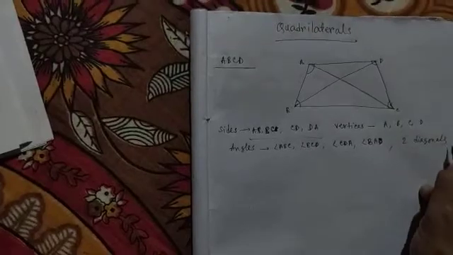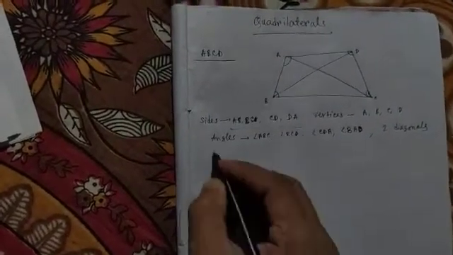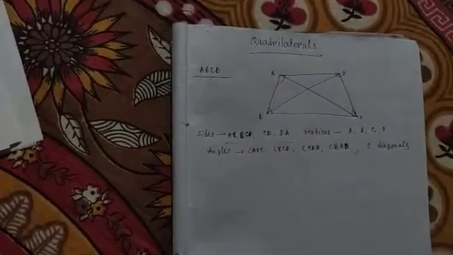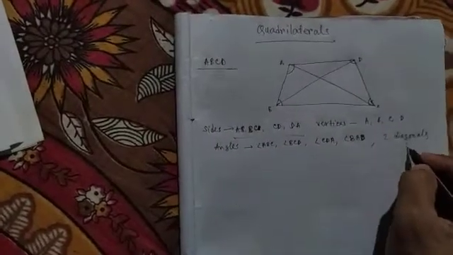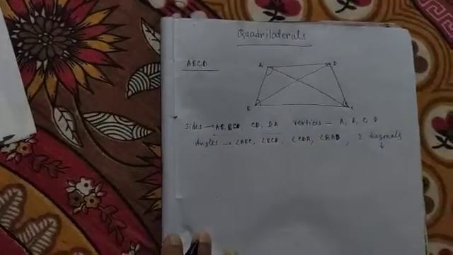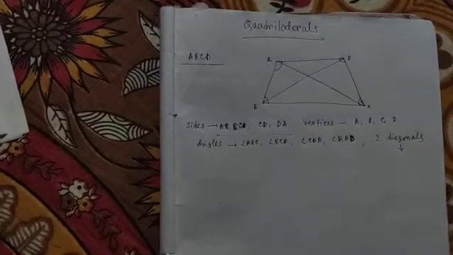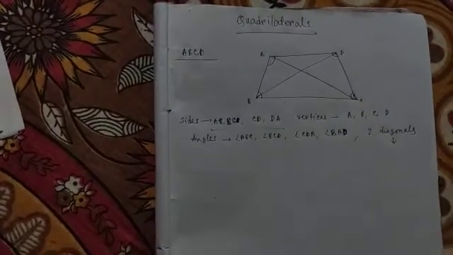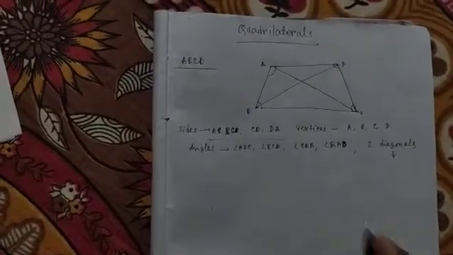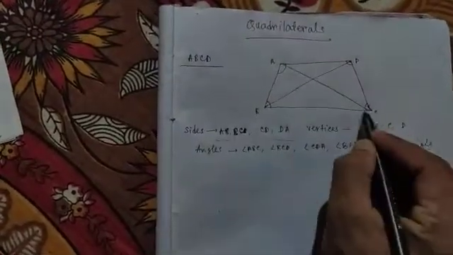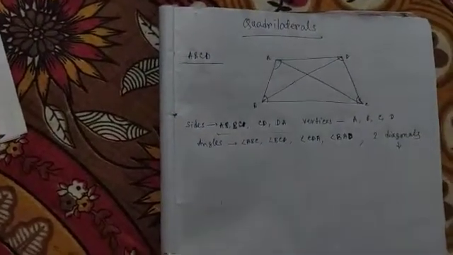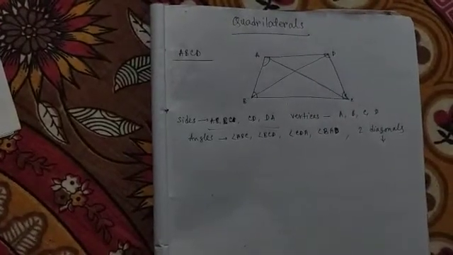Now, what are diagonals? Listen to the definition carefully. Diagonals are the line segments joining the opposite vertices, not the successive vertices.